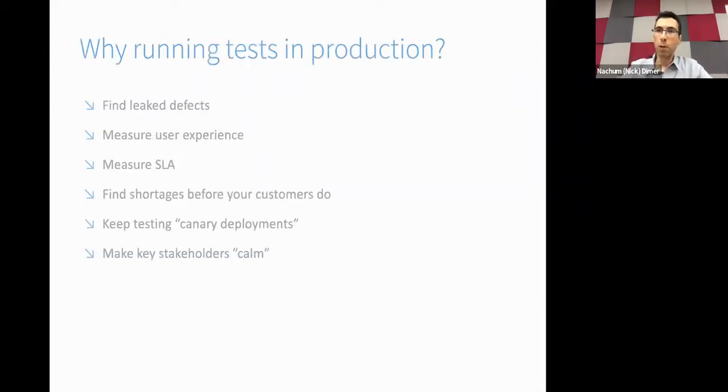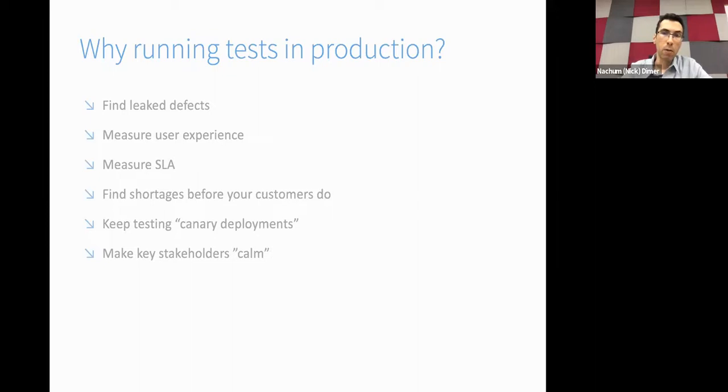So first of all, we need to understand why we would like to run tests in production. If we were talking a few years back, it would look strange. Why the hell do we need to run tests in production, right? Testing is usually correlated with pre-production or development stages, and anything to do with production is usually more related to IT and less related to R&D and testers.